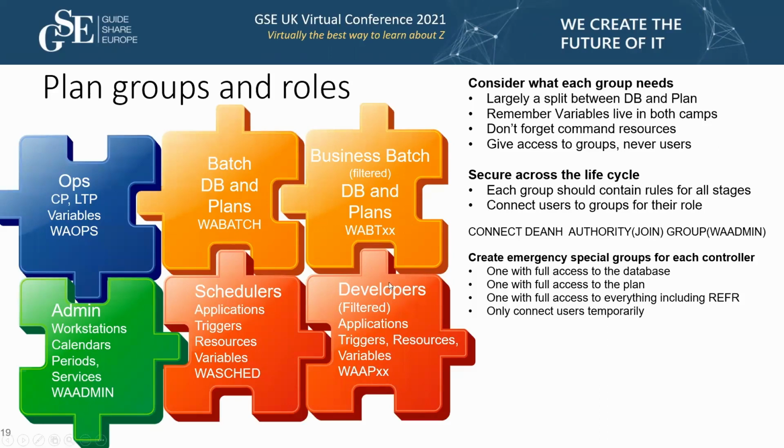And then you might want developers in there to create their own stuff and do their own testing in test, but they're going to have what I would call filtered access. This is where the sub-resources come in. So you'll have one of these groups for each application business team. Don't forget batch. Batch talks to the database and plans as well. So make sure you have a batch class for all your high-level workload, so something that's doing housekeeping on the database or backing things up, or your change management stuff that's moving stuff between environments.